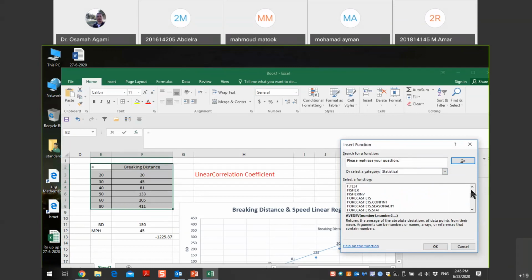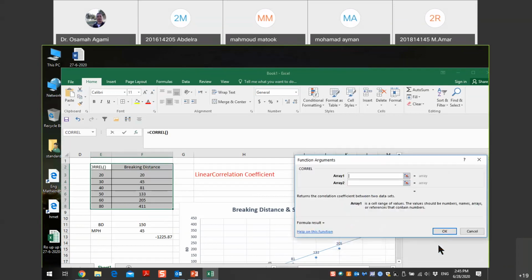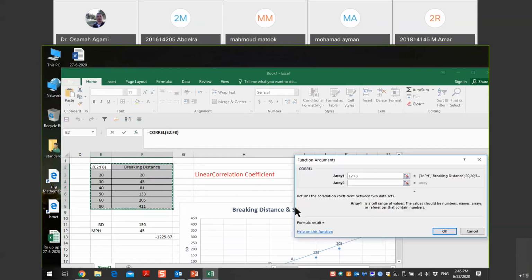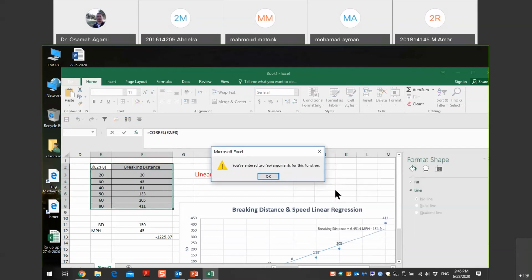So I know correlation is C. So I'll go for the C. I have count. This is correlation. Yes, here it is. This is the correlation function. So I press OK. I shade this, both of them. Press OK. What's wrong here?